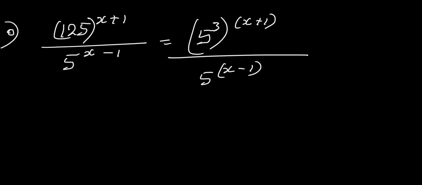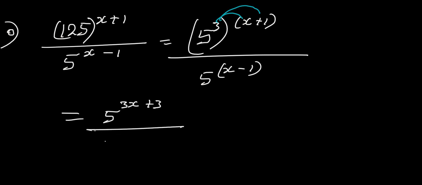So first we are going to distribute this 3 into x and also 1. So when we do that, this becomes 5 exponent 3 times x is 3x, and 3 times 1 is going to give us 3, so plus 3 over 5 exponent x minus 1.